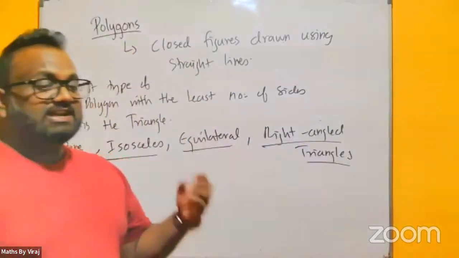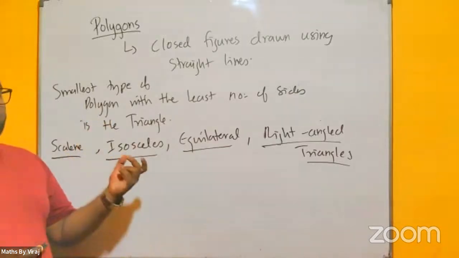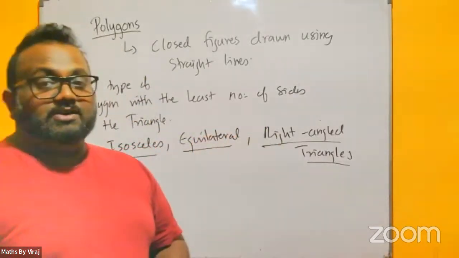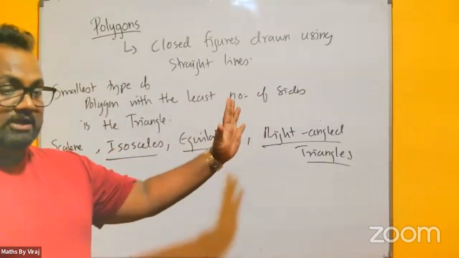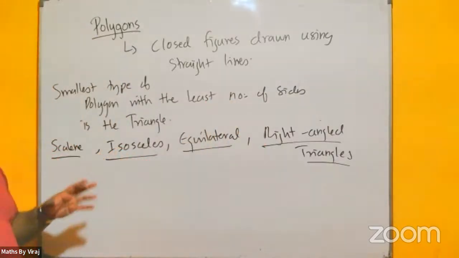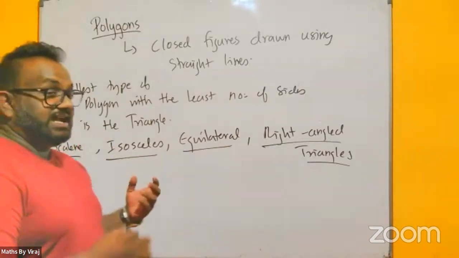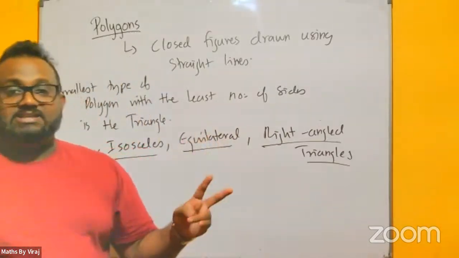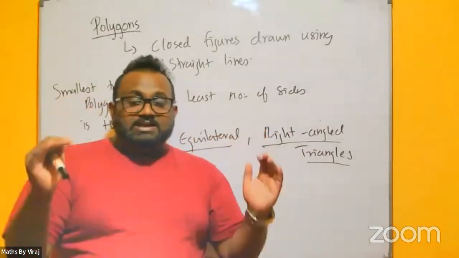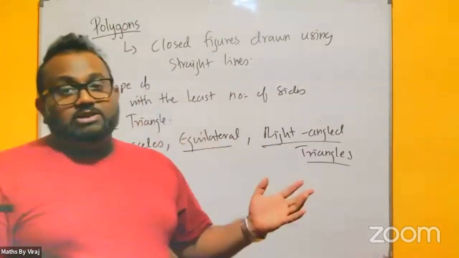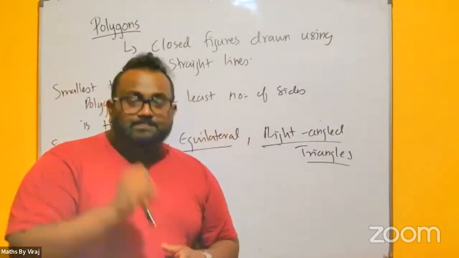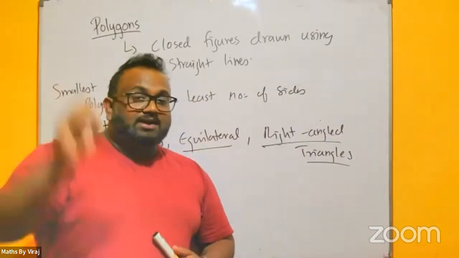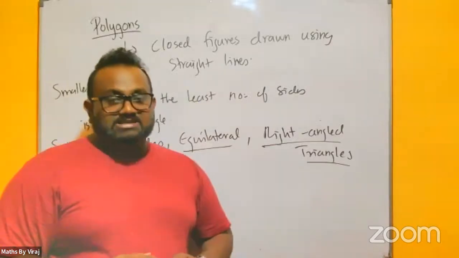Now this is what is important. When learning something, there are 3 ways you should learn: why, how, what if. How to categorize them? I can say scalene triangles, no angles are equal, no sides are equal. Isosceles, 2 sides are equal, and the angles produced by the equal sides are equal. Equilateral, all equal. But the most important thing is to understand why we categorize them as such.